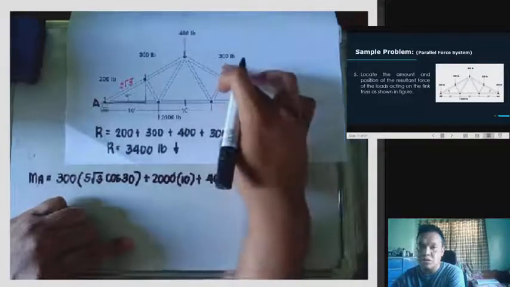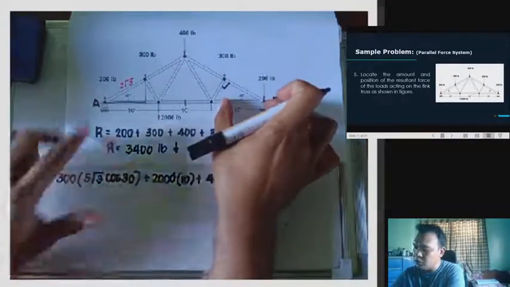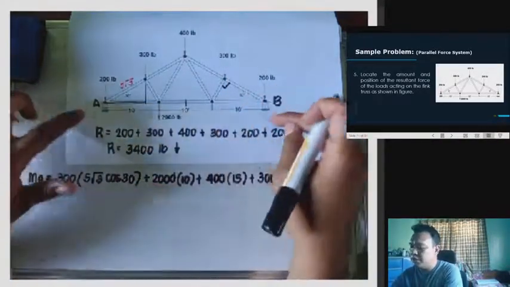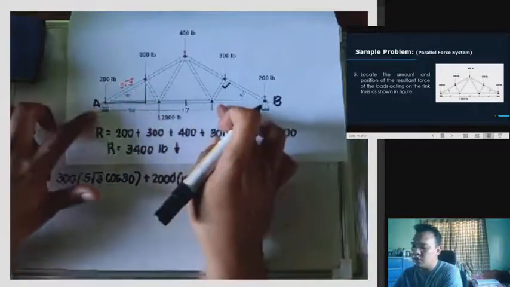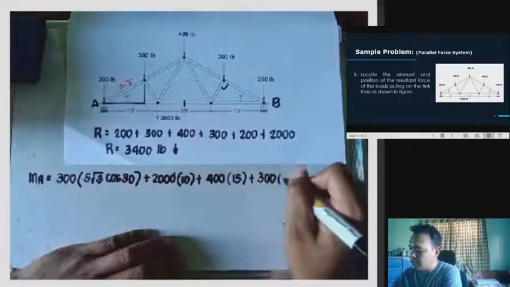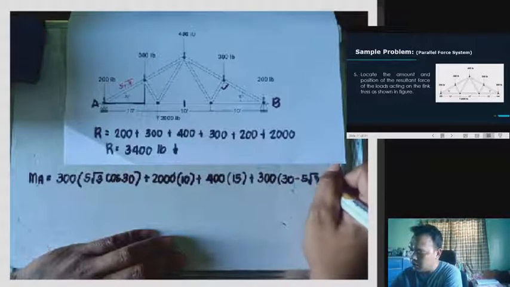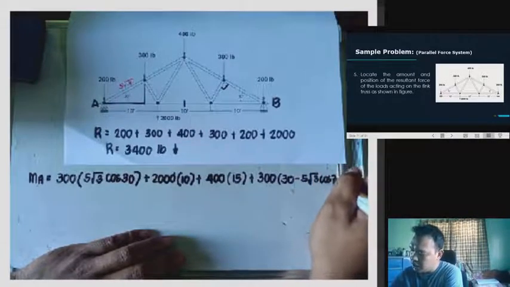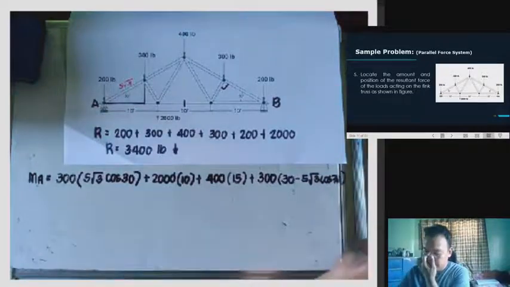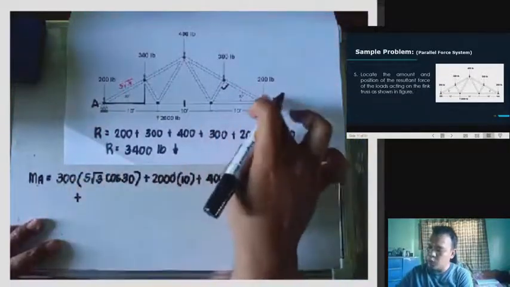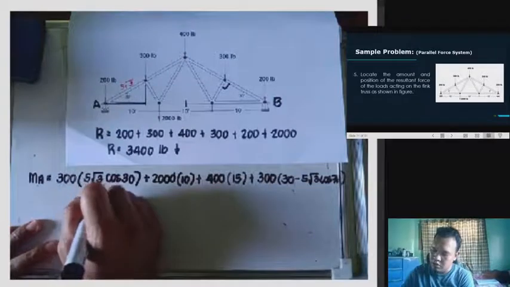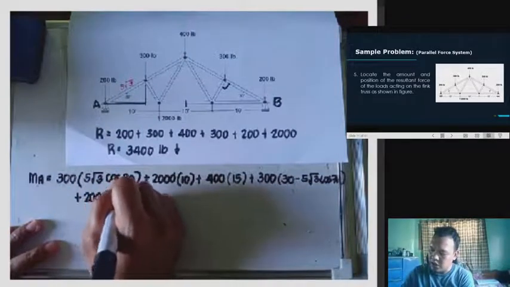Itong 300 pounds na to, tama bang yung distance ko dito is yung distance dito? So, ibig sabihin, 30 minus to is itong distance na to, tama? So, multiplied by 30 minus 5 the square root of 3 cosine 30 degrees. Plus, yung 200 pounds na nandito, 200 pounds times 30. Okay?